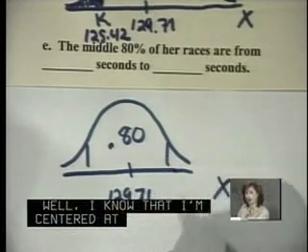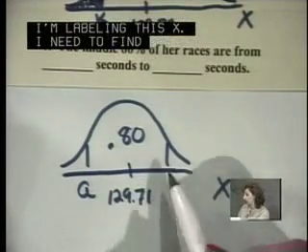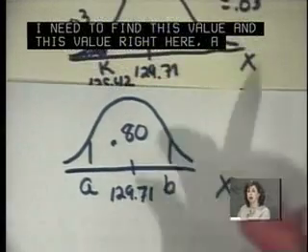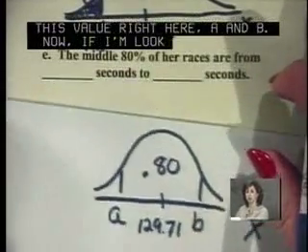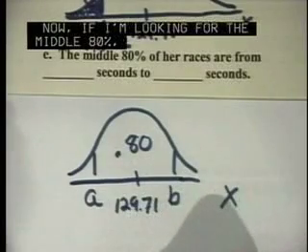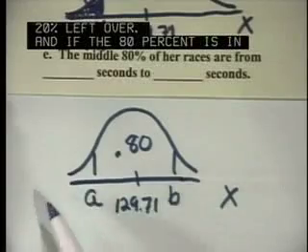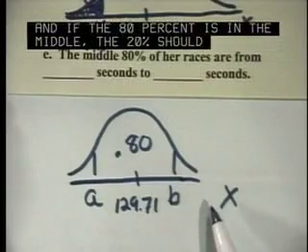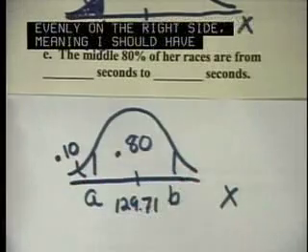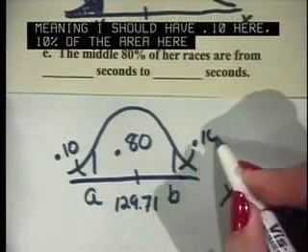I'm labeling this X. I need to find this value and this value right here, A and B. Now, if I'm looking for the middle 80%, that means I have 20% left over. And if the 80% is in the middle, the 20% should be split evenly on the left side and evenly on the right side, meaning I should have 0.10 here, 10% of the area here, and 0.10, 10% of the area here.